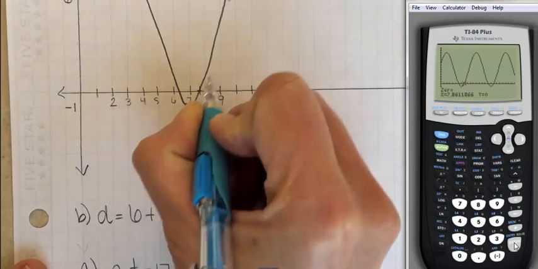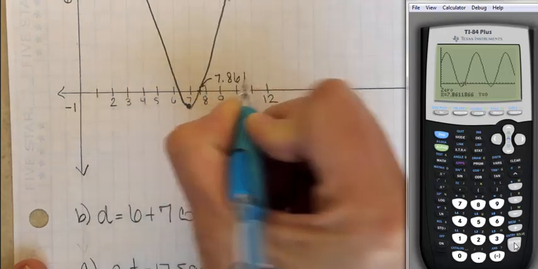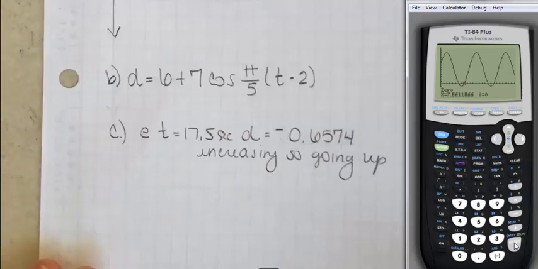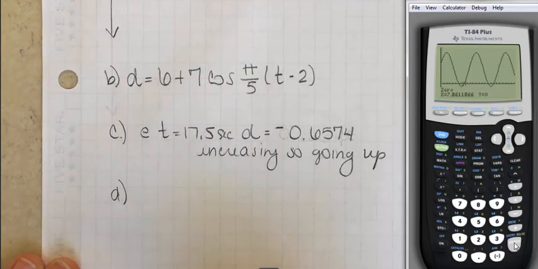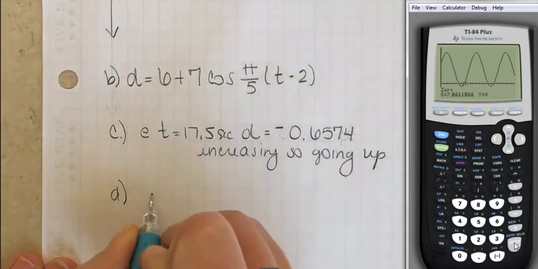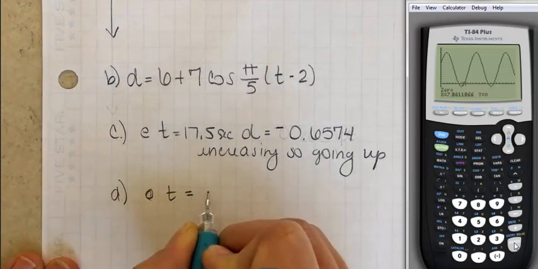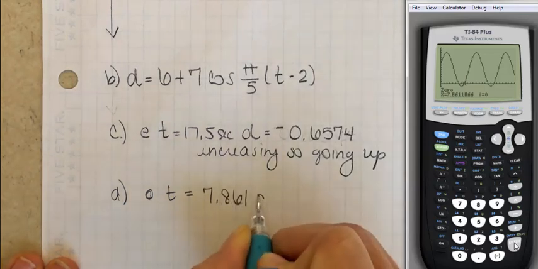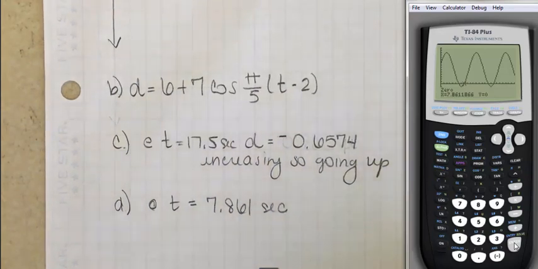So right here, this value is approximately 7.861. And again, I guarantee if I was tracing, I would not get that exact number. I'd get something close, but not exact. Okay, so at D, at what positive time t does point P first emerge? So at t equals 7.861 seconds. Okay, we're done.